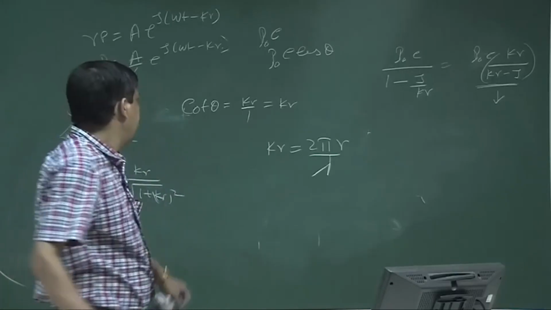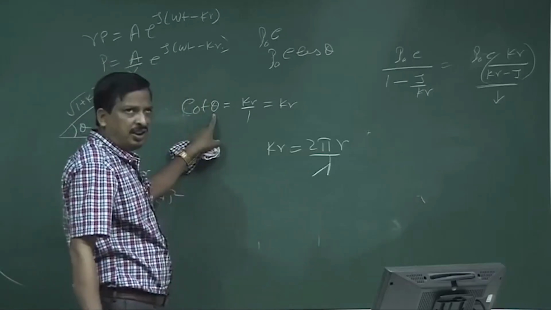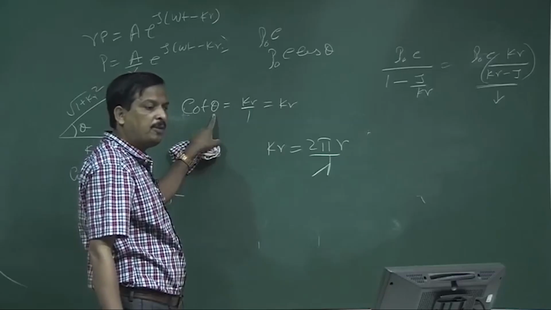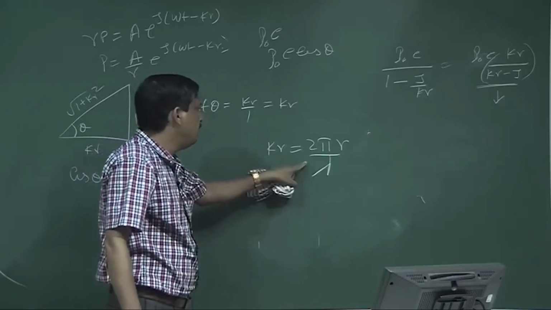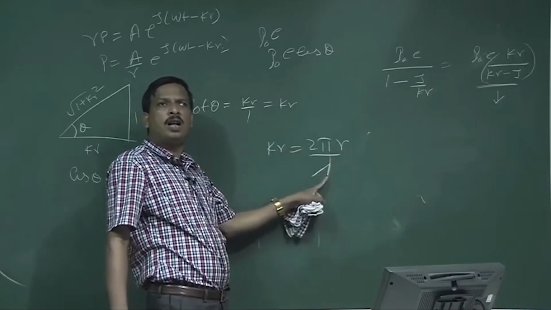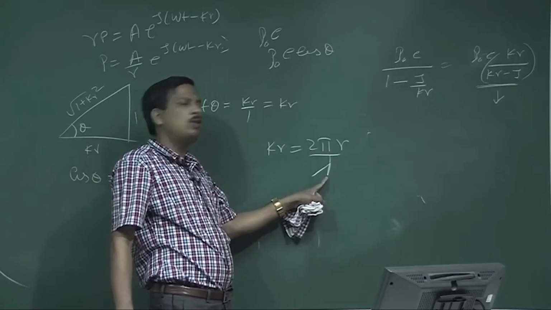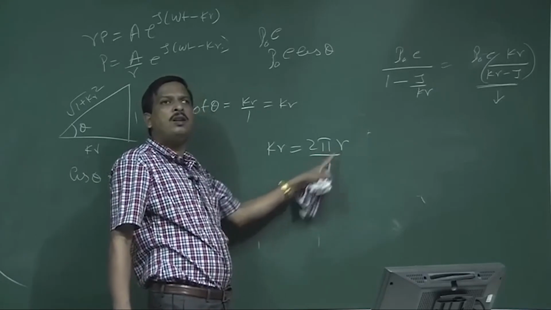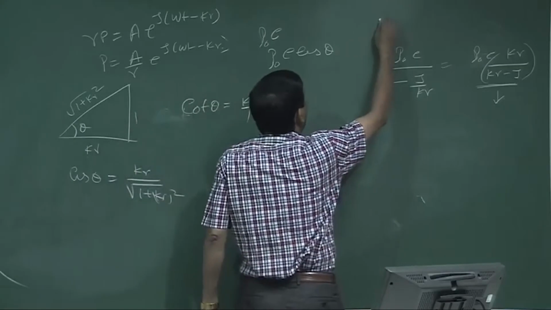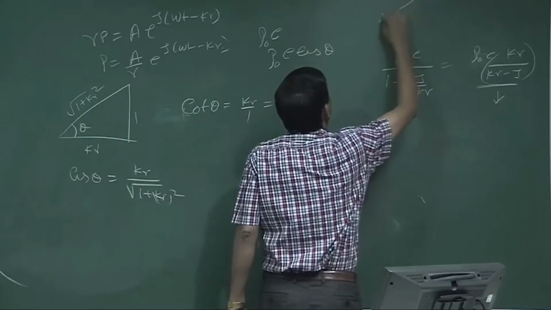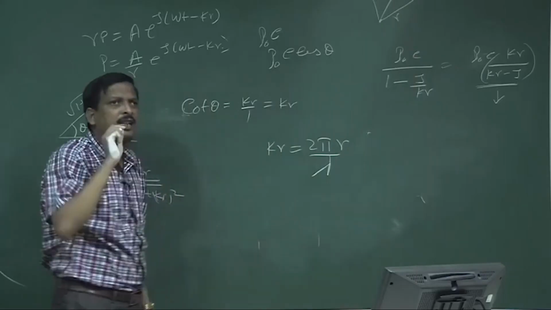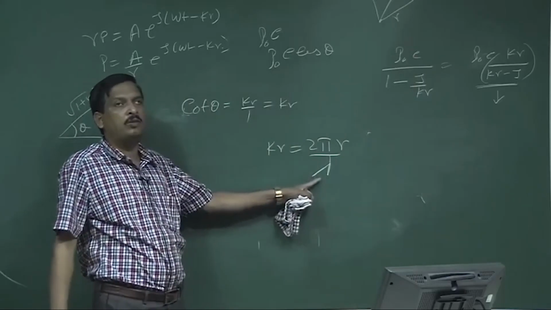So I can say that theta is a function of the ratio between the distance from the source and the wavelength of the acoustic wave. Now, let us say the spherical wave is started here and going this way. If this r is very small compared to lambda, what will happen?